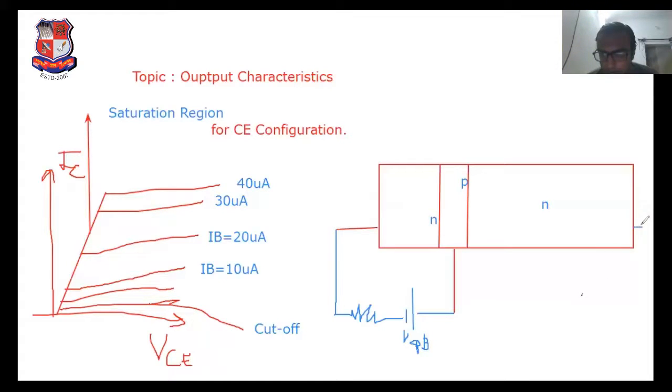Now, this is RC resistor. Emitter is common.